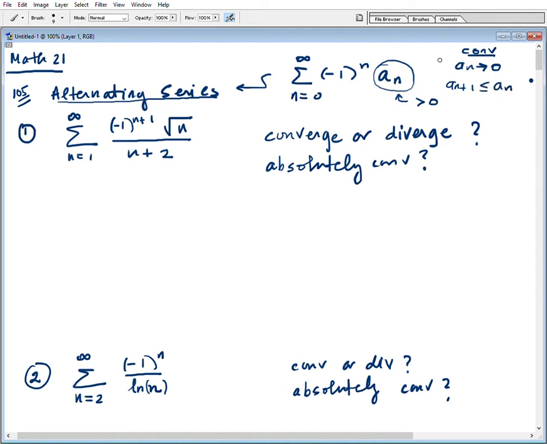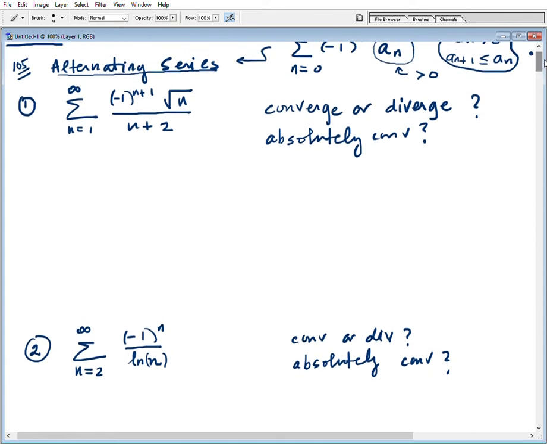So the terms decrease. So these are the two things for proving convergence. The first one's usually the easier one, the limit. For the second one, showing that they decrease in this way, the one tool that we have is looking at the corresponding function and showing that the derivative is negative. So that's what we'll do in these examples.